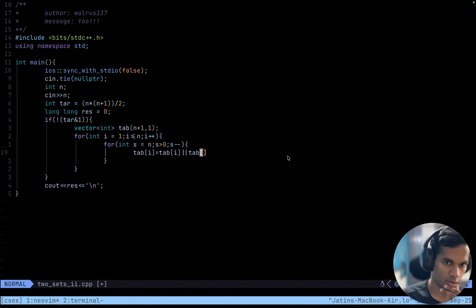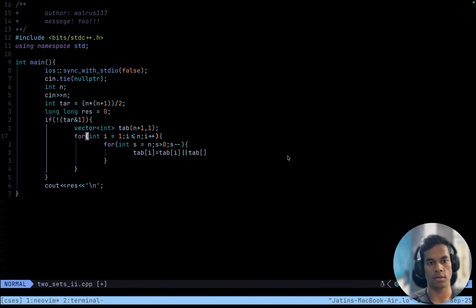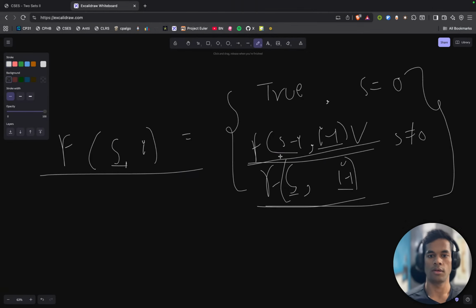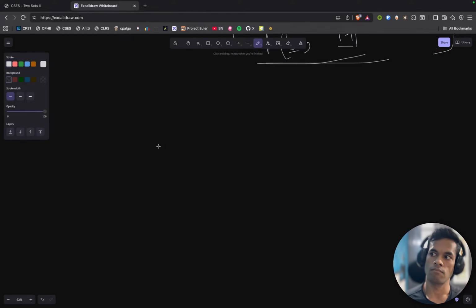I think the table should have s instead of this. Yes, table does have s. No, the table is not equal to the target. The size of the table, I think, should be equal to the target. Yes, I think that the size of the table should be equal to the target.